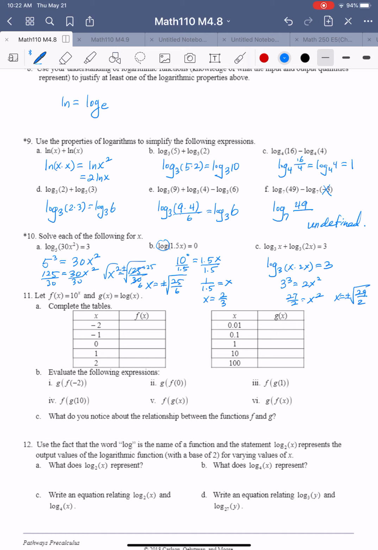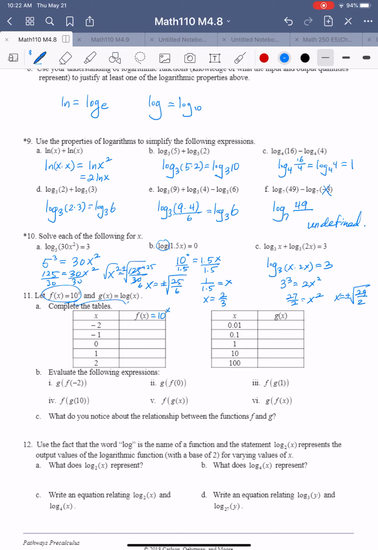All right, and then also, if they say log, that's the same as log with a base of 10, okay? All right, now you have a base of 10, and then g of x is log of x. So they want to compare here, okay? So when x equals negative 2, you're using the f function, where f of x is 10 to the x power.